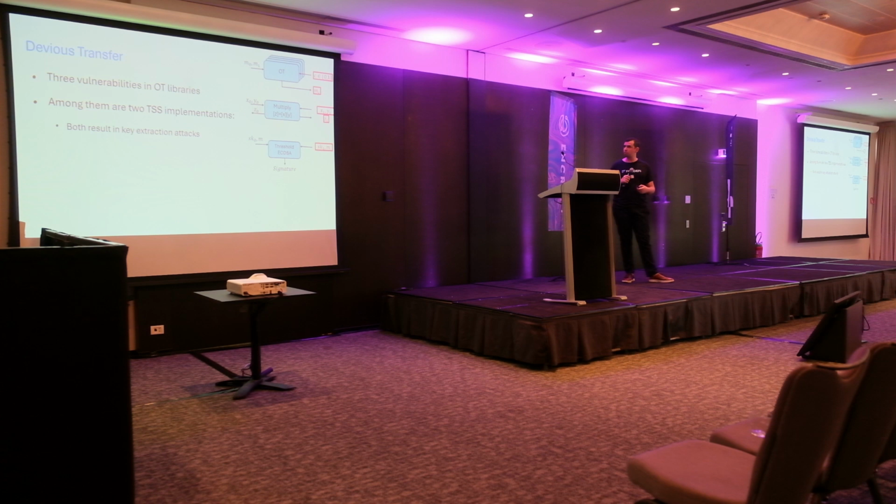We should also note that the vulnerabilities that we found in the Oblivious transfer components of the threshold ECDSA protocol affect the overall threshold ECDSA protocol, where essentially if you manage to mount an attack on the OT component, you're then able to compromise the private key of the compromised party.